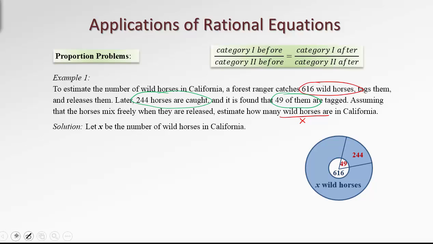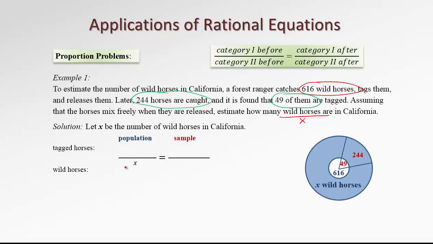So let's try to put together a proportion. In a proportion, we have to be really clear what kind of categories we use and whether we refer to the total population or to the sample. So our categories will be horses that were tagged in the numerator and all wild horses in the denominator. So we have x of all wild horses in California. That's the unknown.